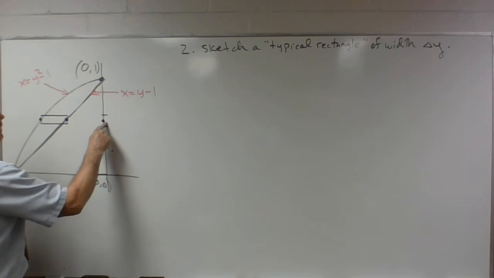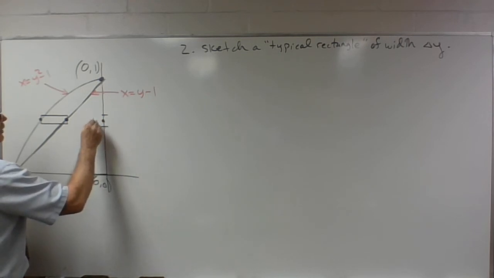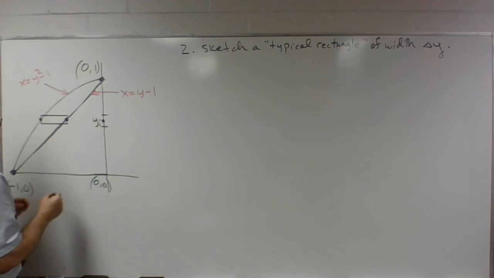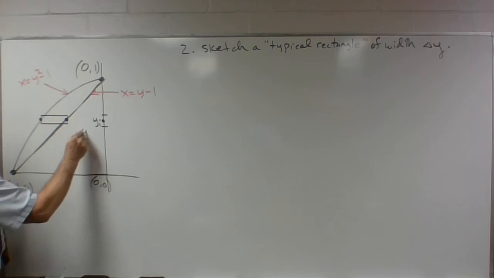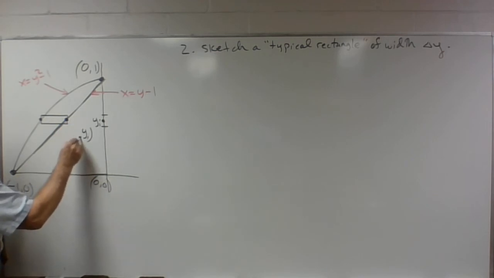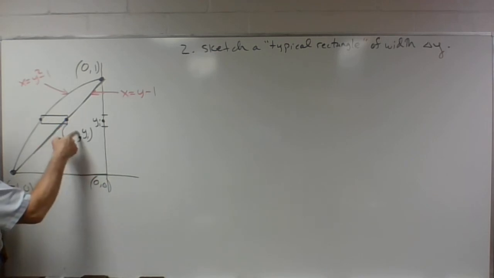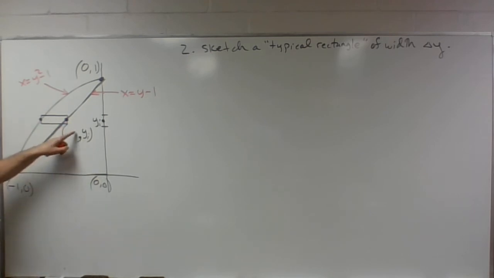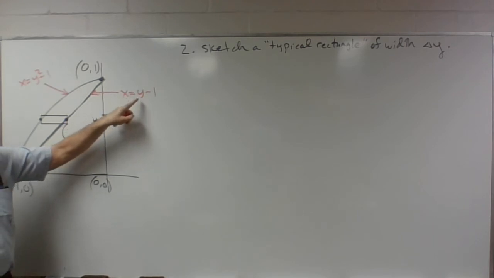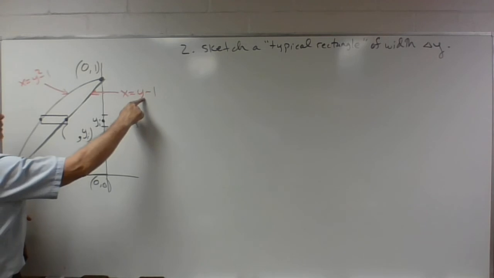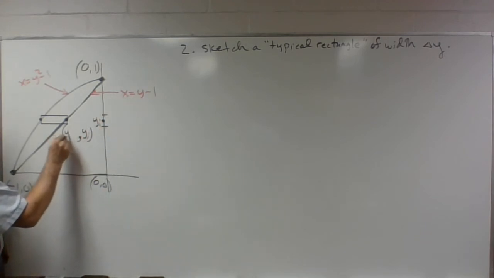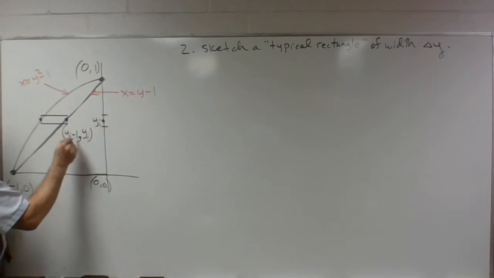Let's see, this point is on the y-axis. So this is going to be y sub i on the y-axis. And the coordinates of this point, y sub i will be the y coordinate. And since this point is on the line given by the equation x equals y minus 1, the x coordinate will be y sub i minus 1.